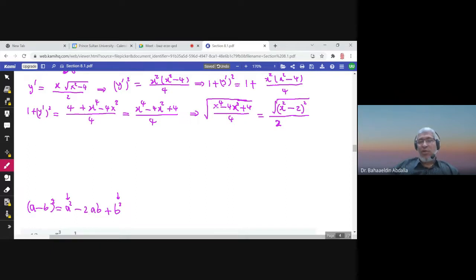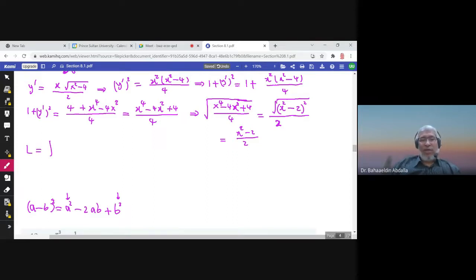So actually the root of x to the power 4 is x squared, the root of 4 is 2. If you multiply 2 times x squared times 2, you get 4x squared, and the negative sign is there, of course. So you can take the square root, and this would be x squared minus 2 over 2. So this is the square root of 1 plus y prime squared.